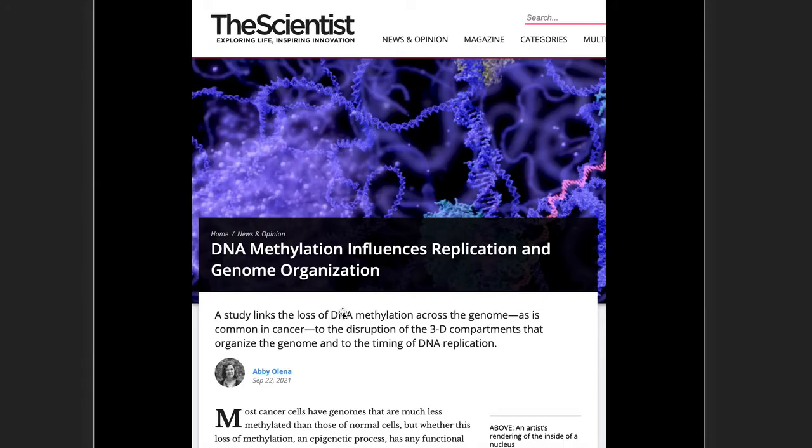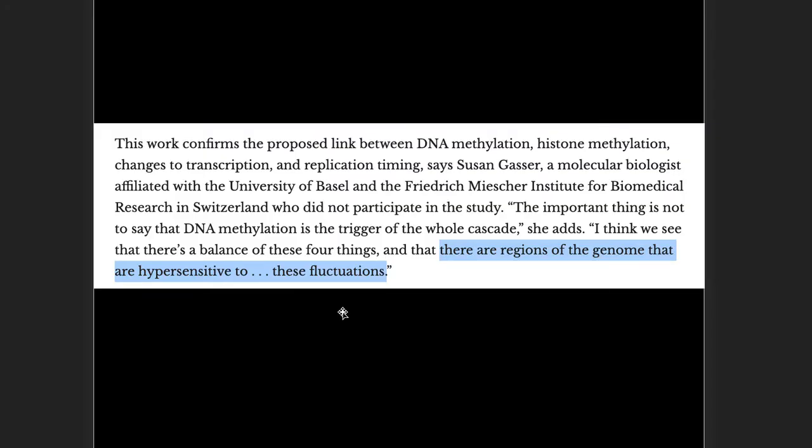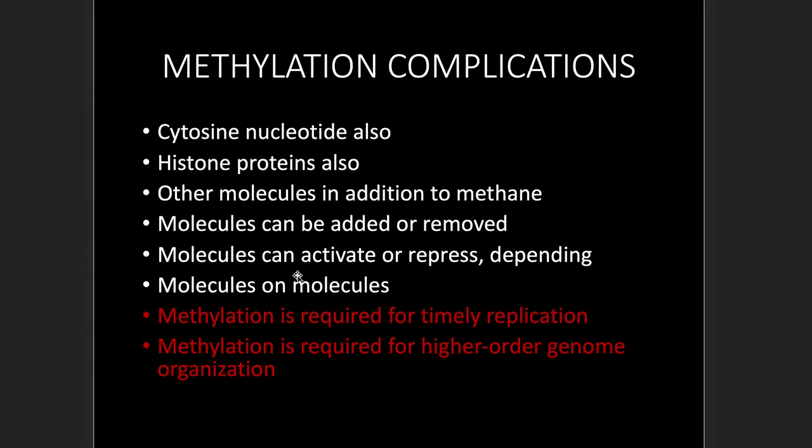Now here is an article about this paper, and skipping down, a researcher not involved with the research made this comment that, gee, there are regions of the genome that are hypersensitive to these fluctuations, and she's referring to these methylation fluctuations. So this is very precise.